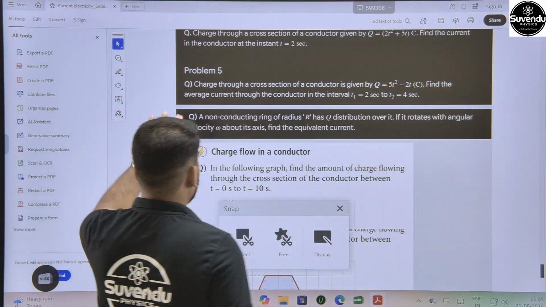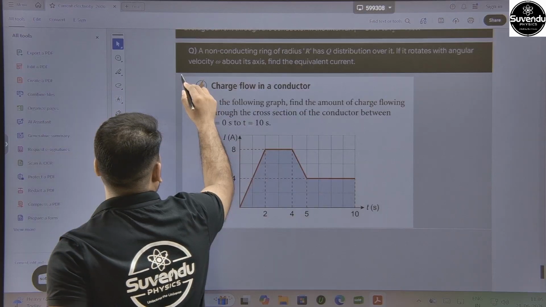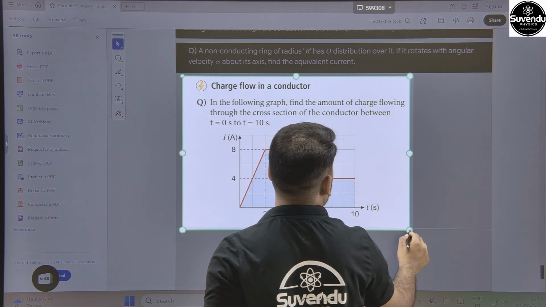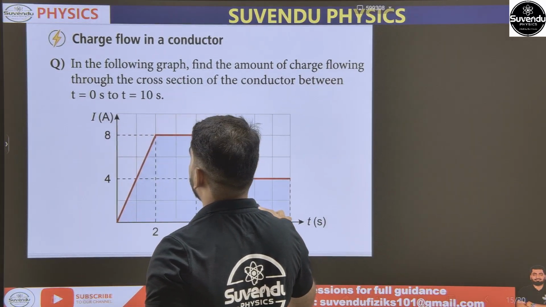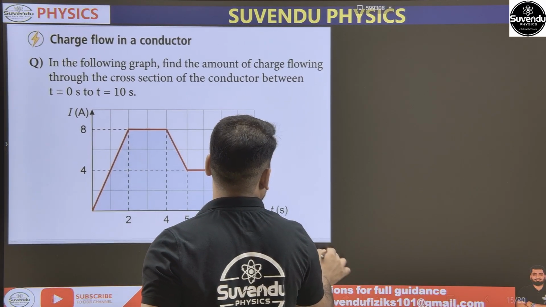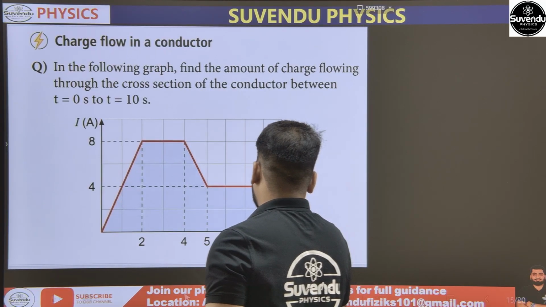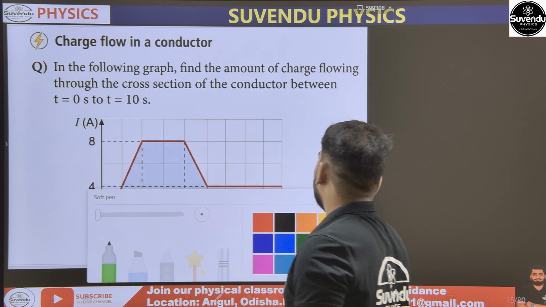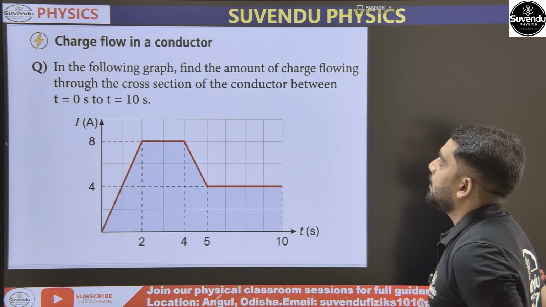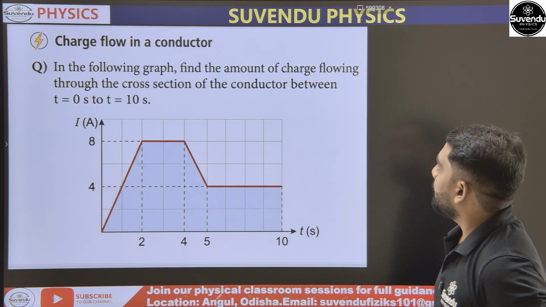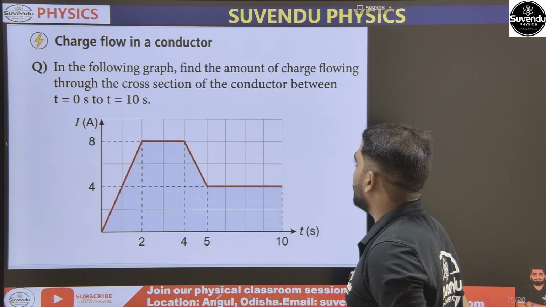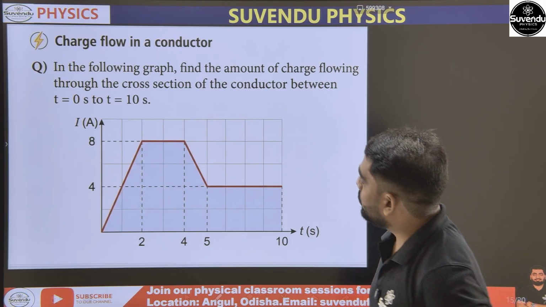Clear? So this is about our content. Next question. This is about charge flow in a conductor. In the following graph, find the amount of charge flowing through the cross section of the conductor between 0 second to 10 second.